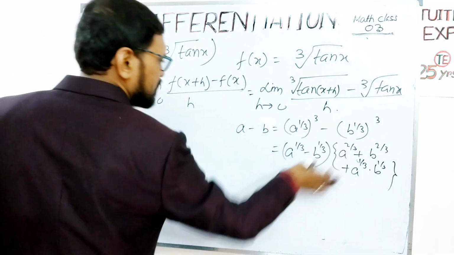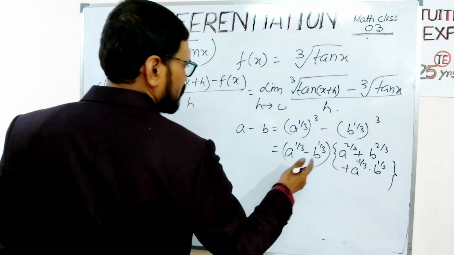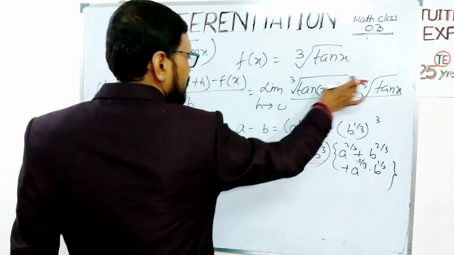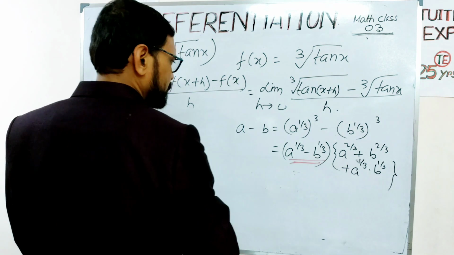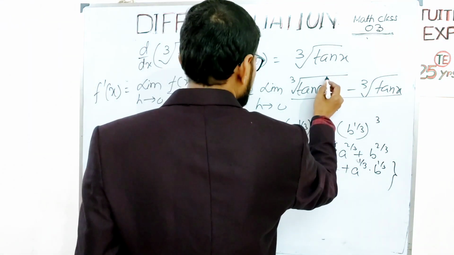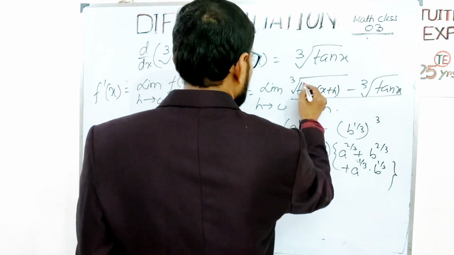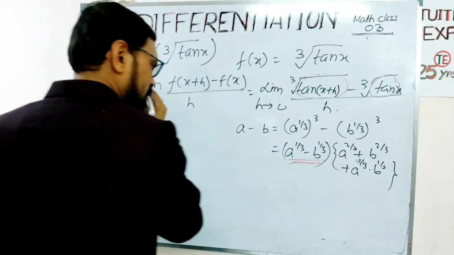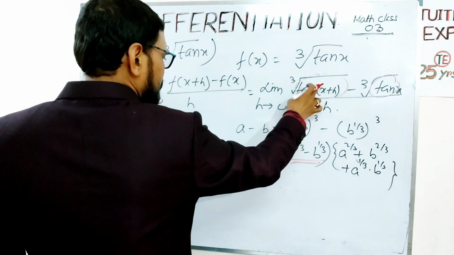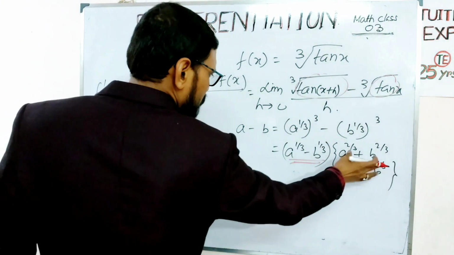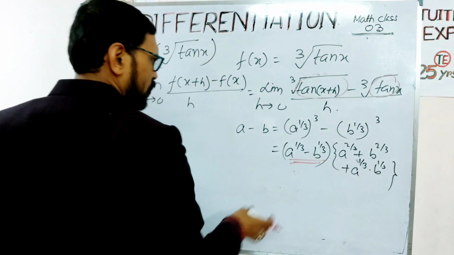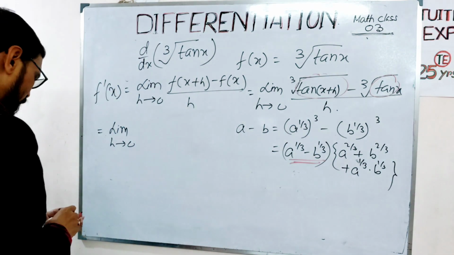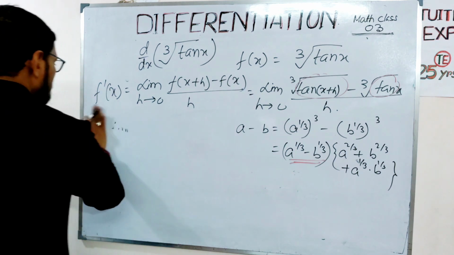So this is the formula to rationalize this. Now suppose this is a to the power 1/3, suppose this is a root over tan x, this is a, and this is b. Now a to the power 1/3 minus b to the power 1/3, so we have to multiply this for rationalizing this term.